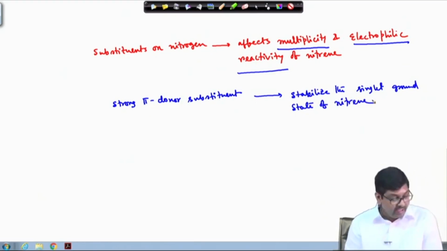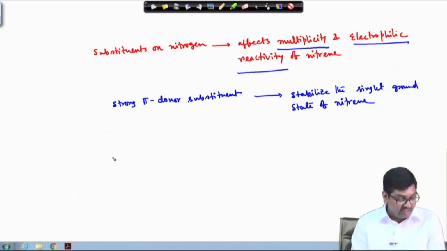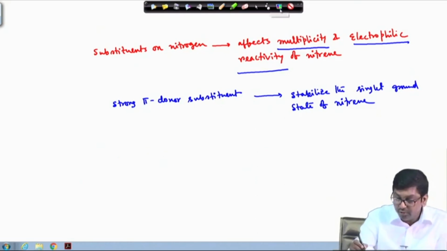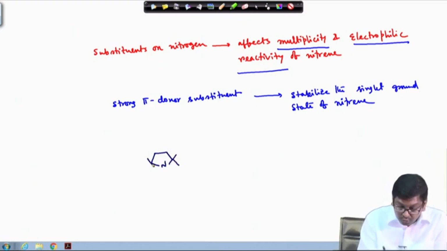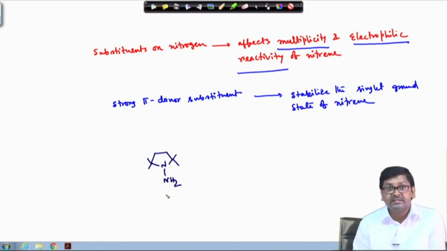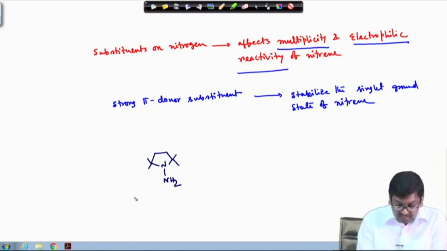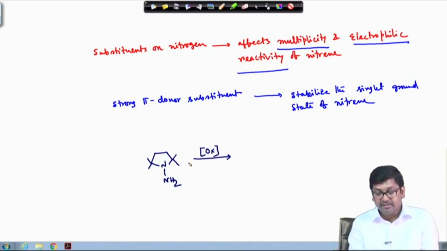So, we will take one example, like 1-amino-2,2,5,5-tetramethylpyrrolidine, that is this molecule. This is a pyrrolidine moiety, and this is 2,2,5,5-tetramethylpyrrolidine. If we take this 1-amino substrate, then under oxidation conditions, what will happen if we oxidize this?